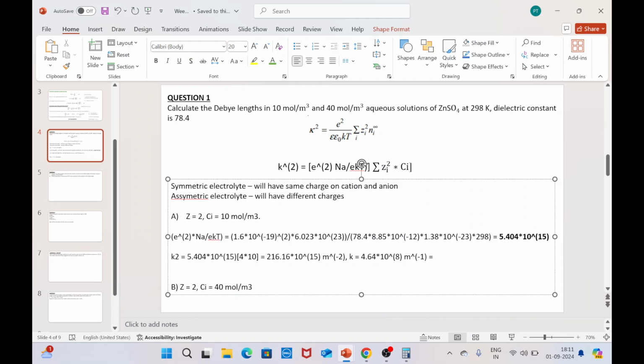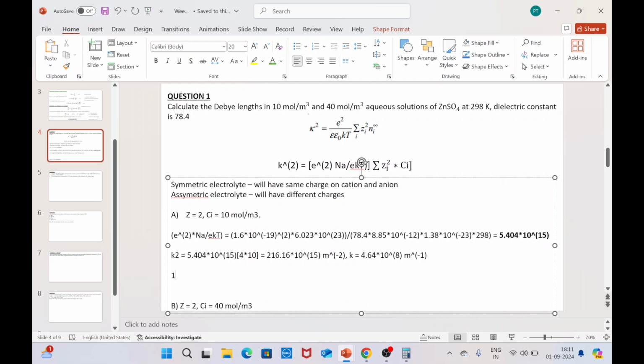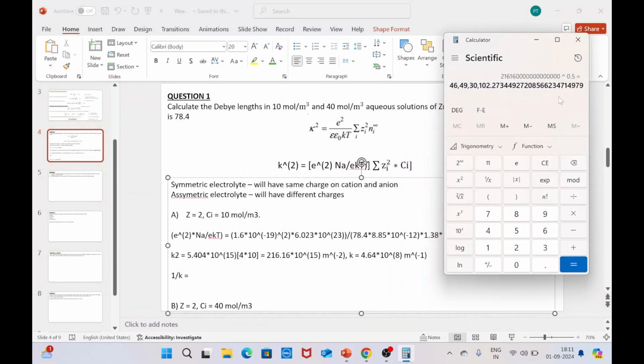So this is the value of your inverse of Debye length. Now you need to get the value of Debye length, which will be nothing but 1 by kappa, the inverse of this value.